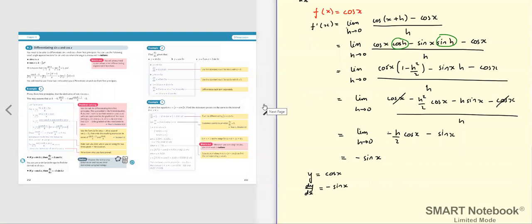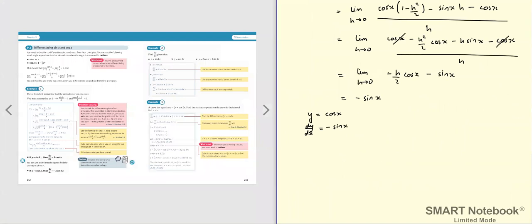So now we can use these results. It's very important to be able to use these results, unless it says from first principles.